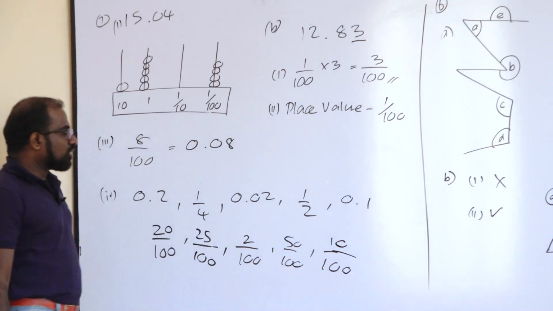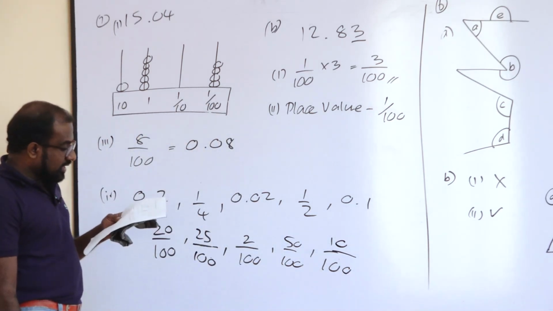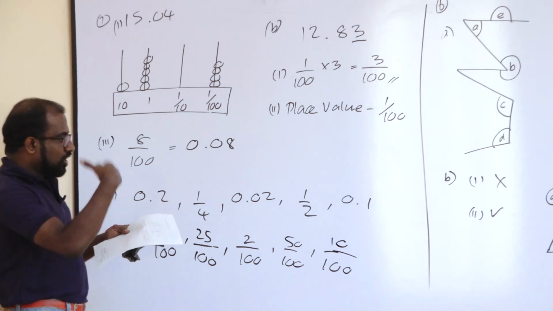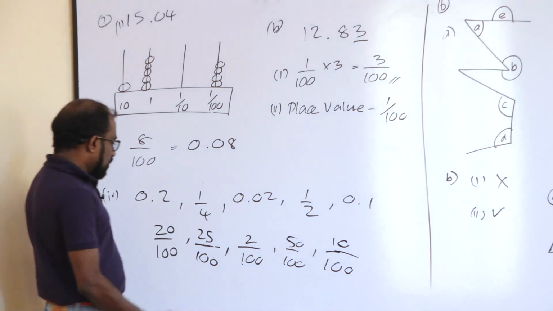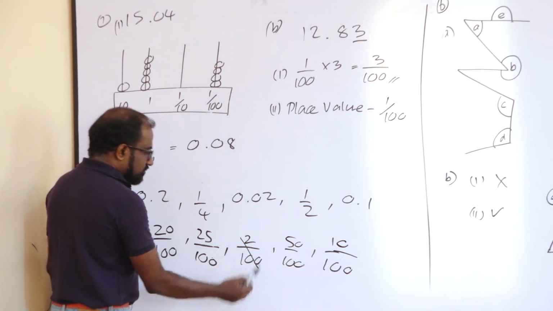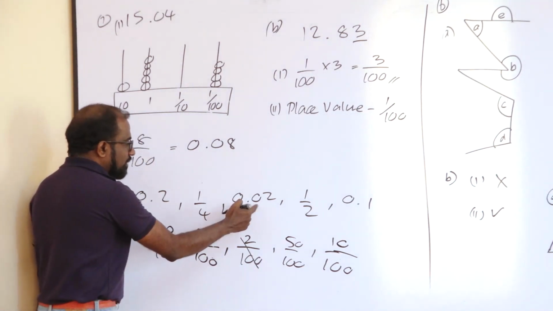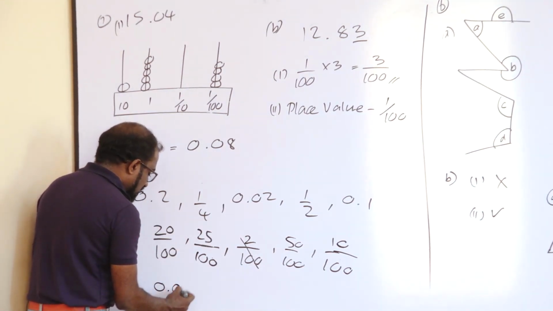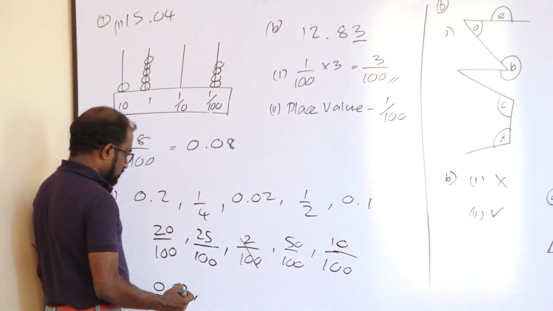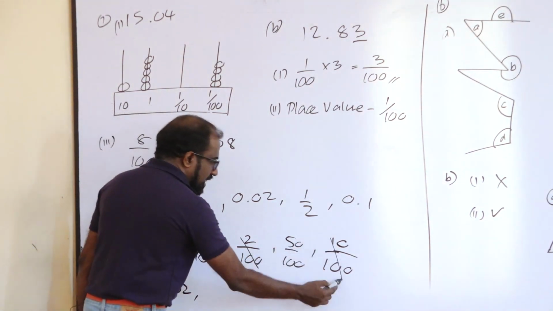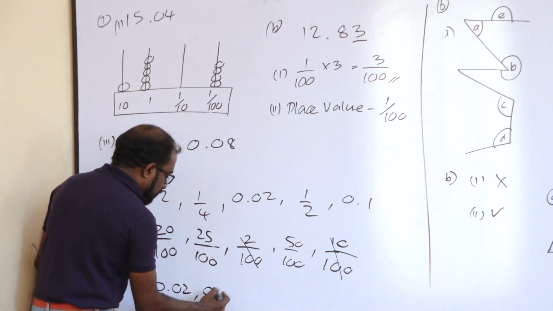Now can you write the ascending order? Ascending means smallest to biggest. What is the smallest one? 2/100, that is 0.02. Next, 10/100, that is 0.1.